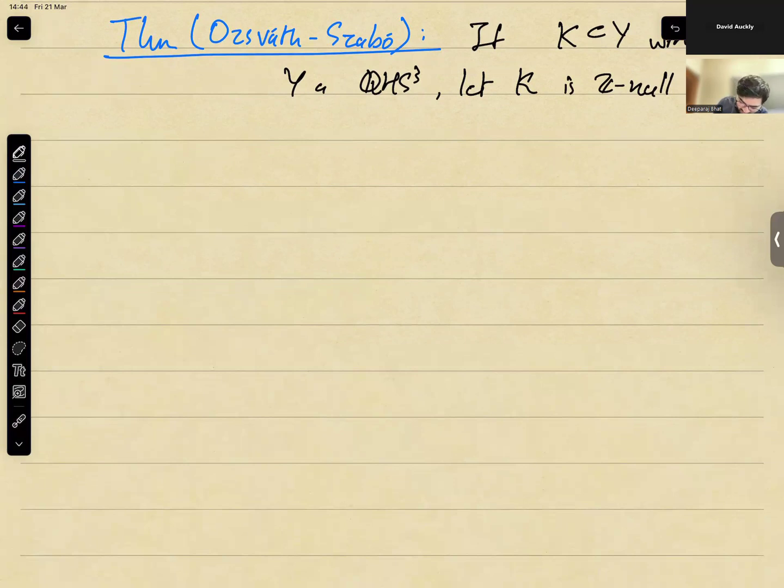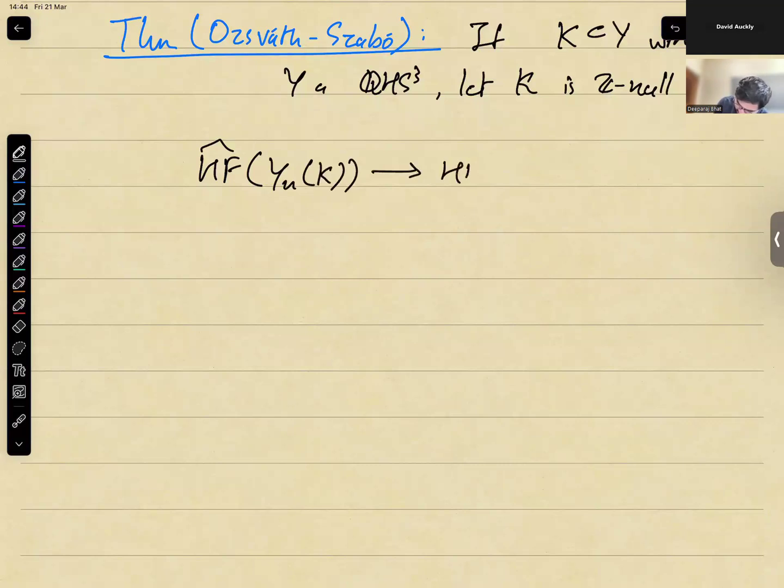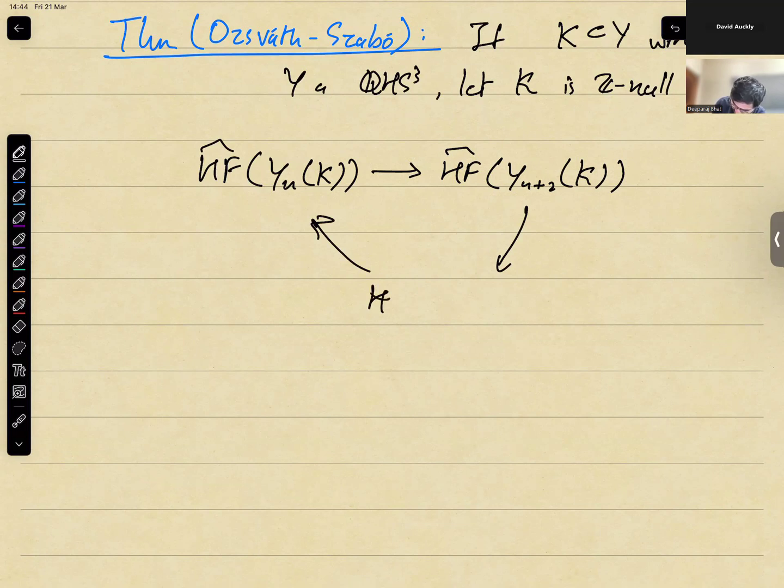And then you have this triangle, where I'm using the Seifert framing, HF hat of Y_n, and Y_{n+2k}, and HF hat of Y direct sum HF hat of Y.